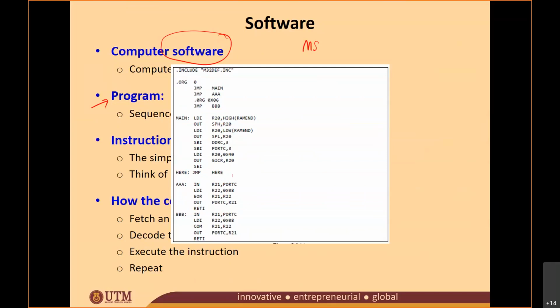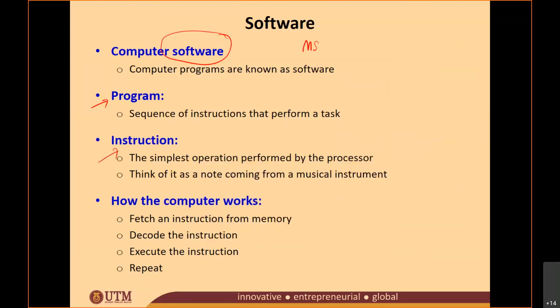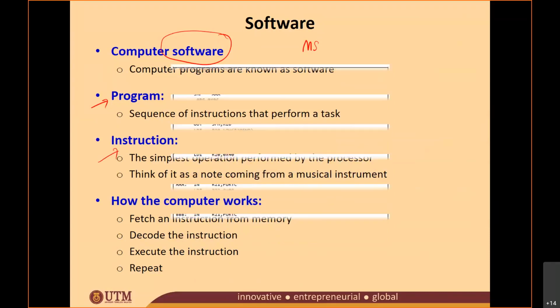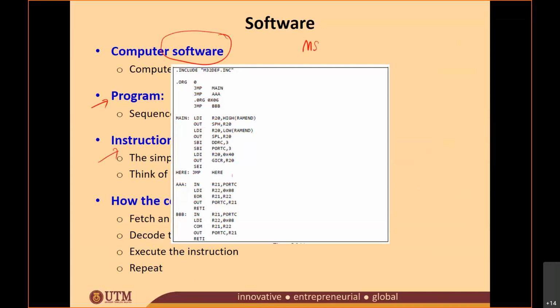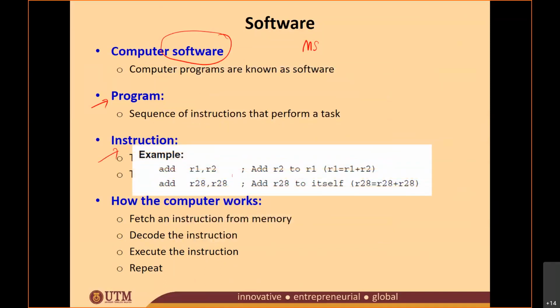The instruction is the simplest operation performed by the processor. Think of it as a note coming from a musical instrument. So this is a program, and this is the instruction. You have two instructions here, ADD R1 R2 and ADD R28 R28. In the next module, you will learn about these instructions.